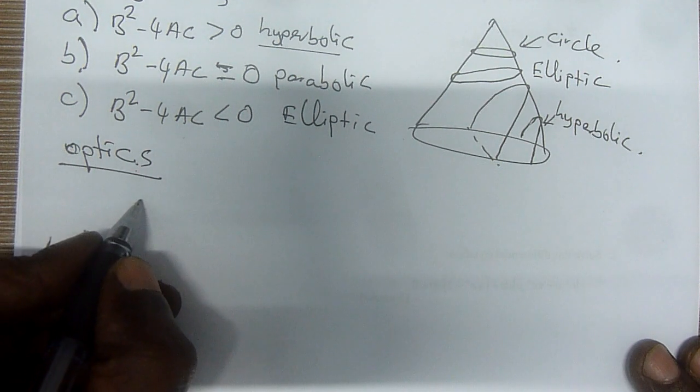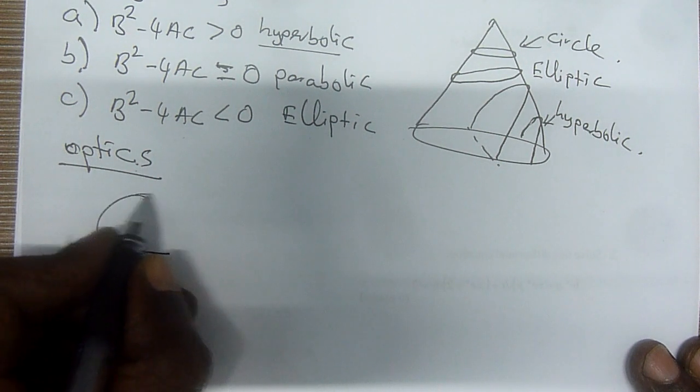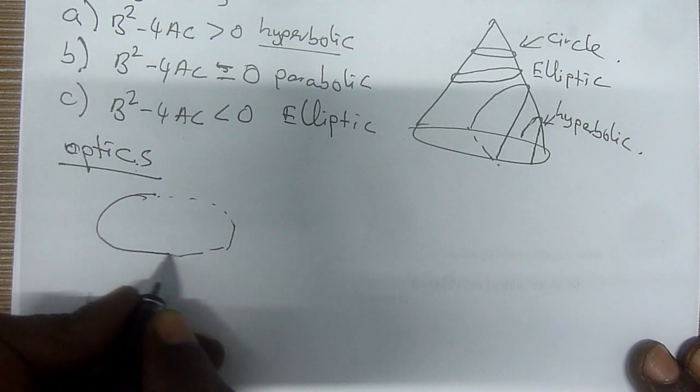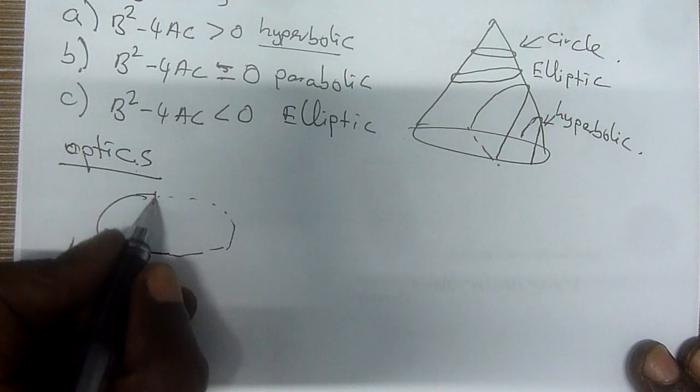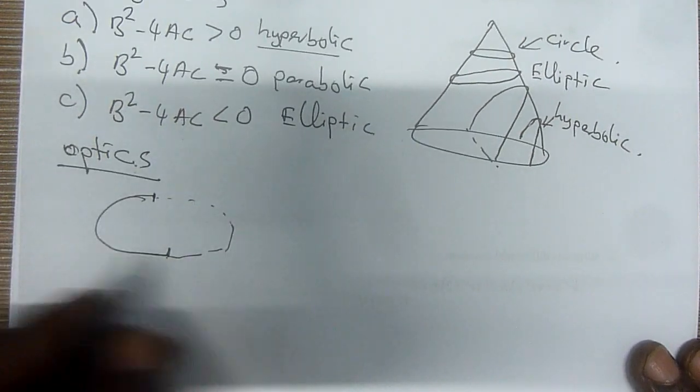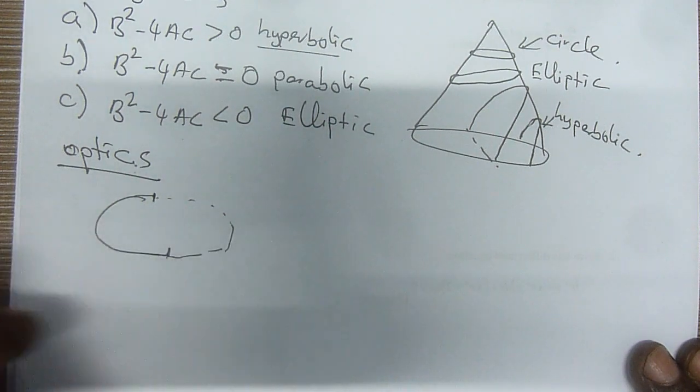Okay, for example, you can see how the reflection of this works. Imagine this is a kind of elliptic, but you can see this elliptic is partially drawn. This one is not there.